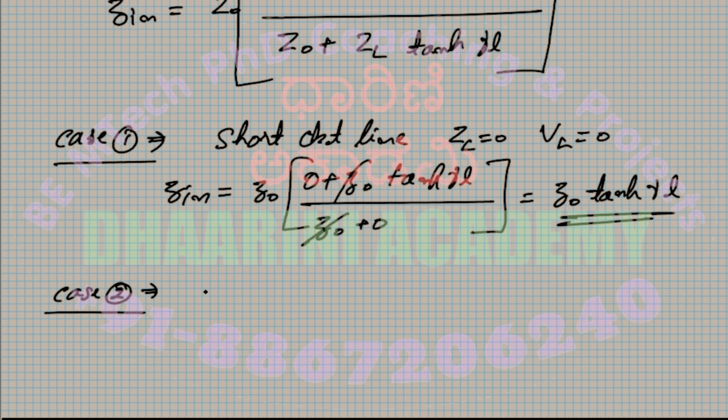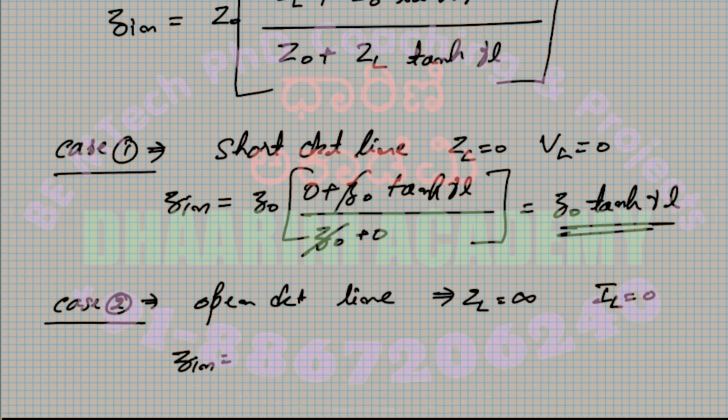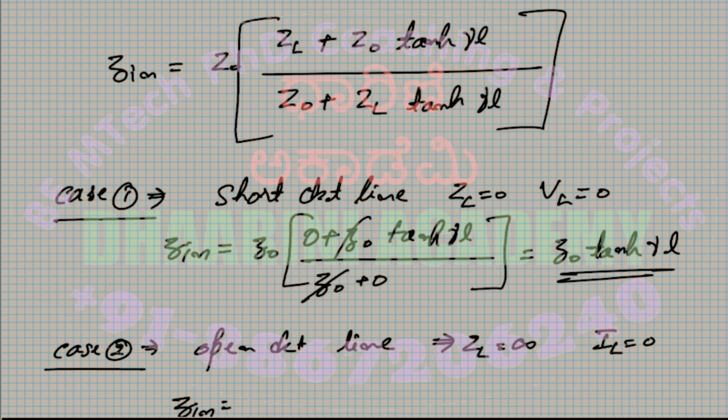In case 2, I'm going to look at the open circuited line. So I know that this means ZL is infinity and there will be no current because it's open circuit. Now can you do the calculation for Z in this case? Remember what you did when ZL became infinity in one of the previous equations. I'll show you the equation for Z in, which you can see at the top. Substitute ZL equal to infinity and get me a simplified answer.